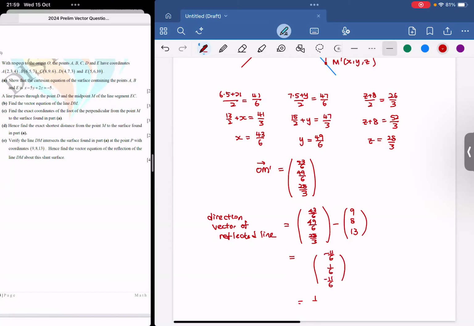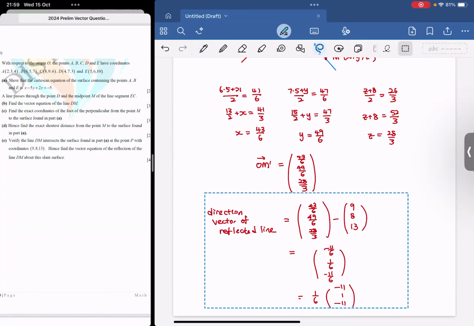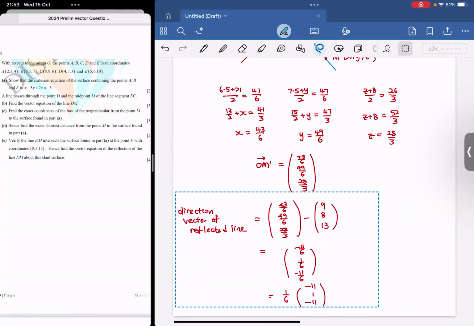You can take out 1 over 6, you get (-11, 1, -11).